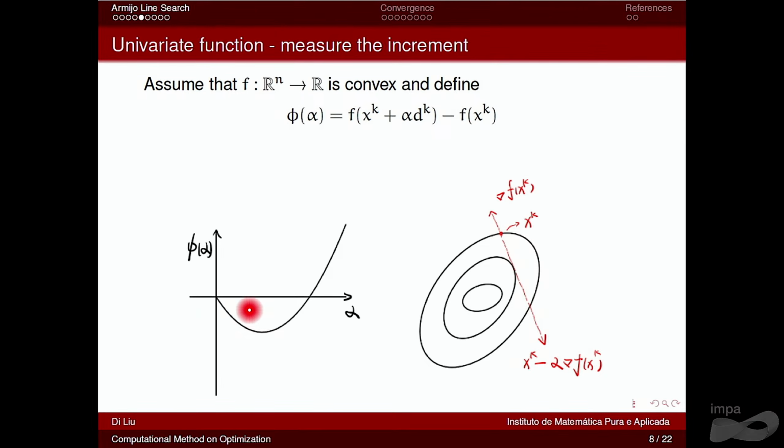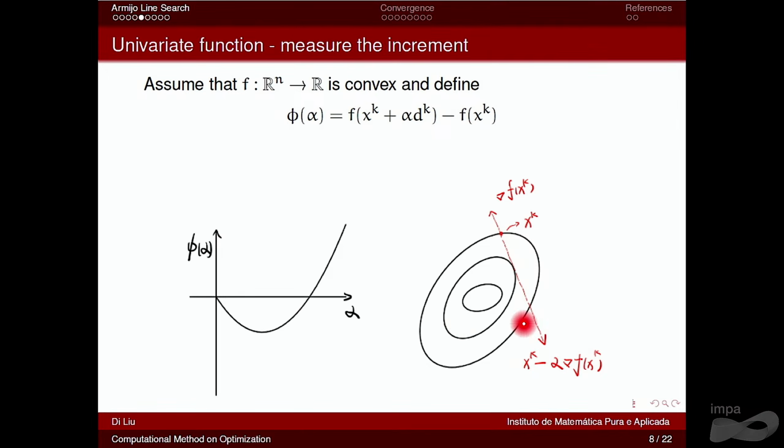It means the function decreases, until some point where the decrease is the largest, which means the function reaches its minimum along this negative gradient direction. After this point, if you go further, your function value will increase, until this point, where with this step size you recover your function value.